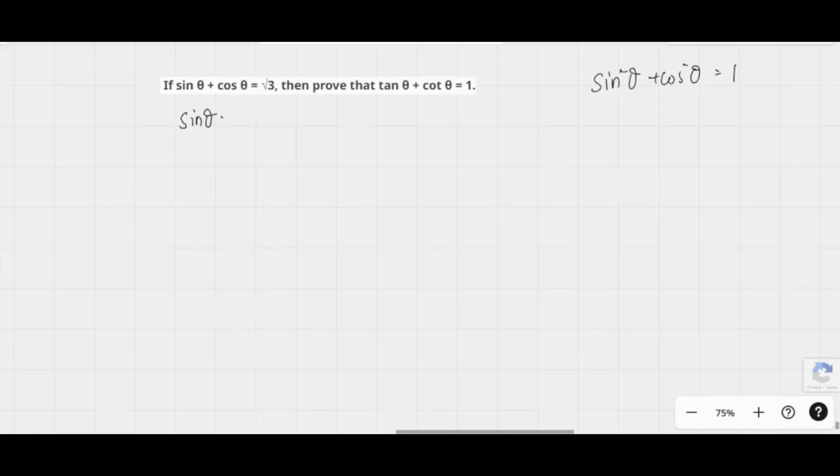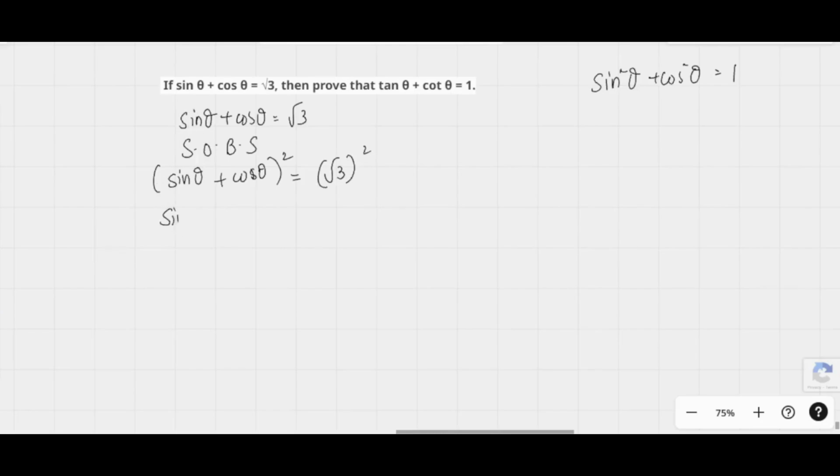Sine theta plus cos theta is equal to root 3. Squaring on both sides, what will happen? (Sine theta plus cos theta) whole square is equal to (root 3) whole square. It is in the form of (a plus b) whole square.